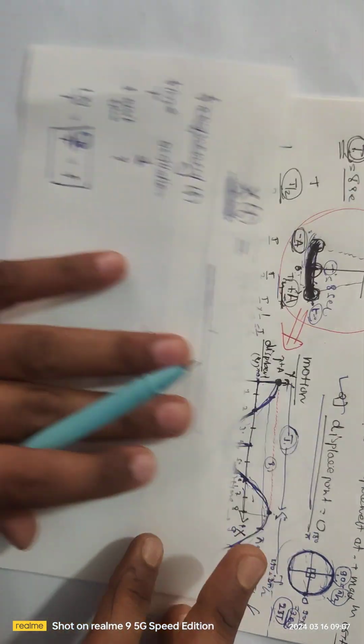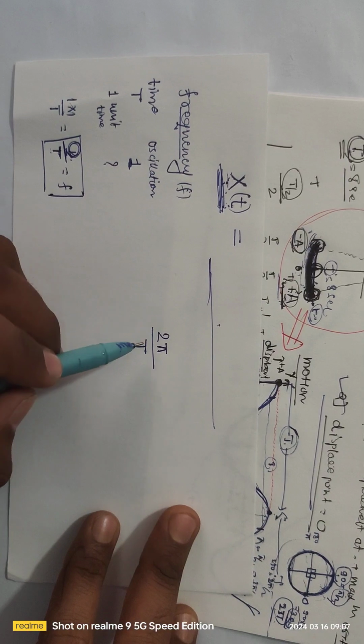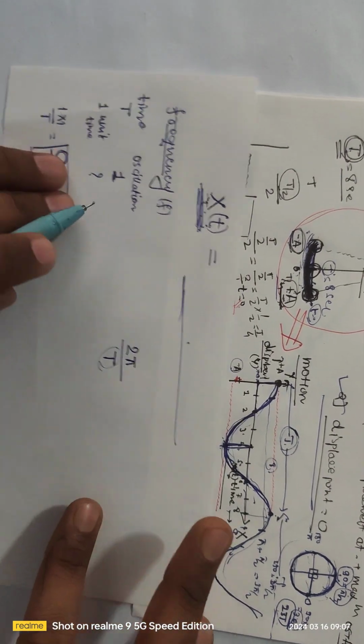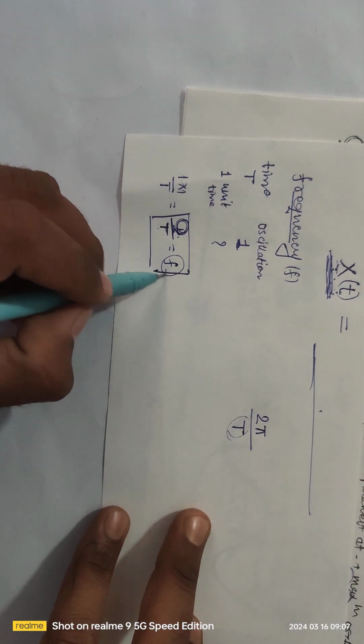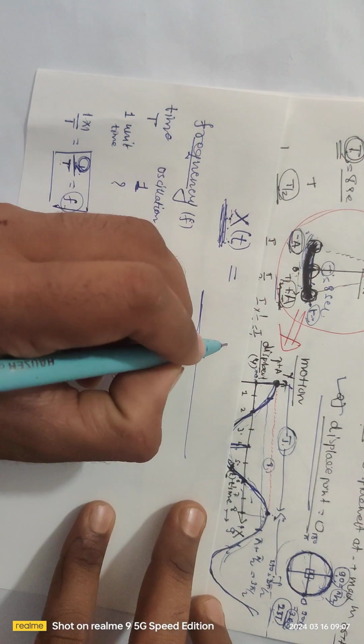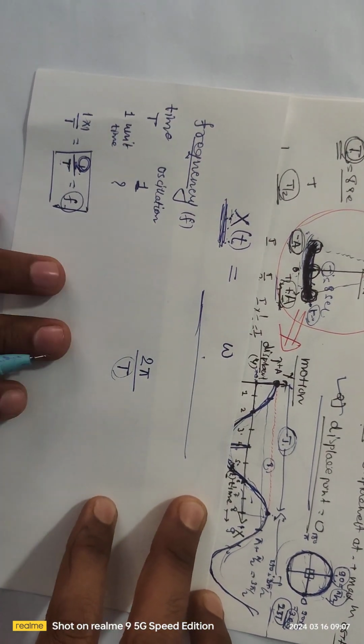So the time period is T, so 2 pi by T, and we can call linear frequency as f. Here we can call it omega.